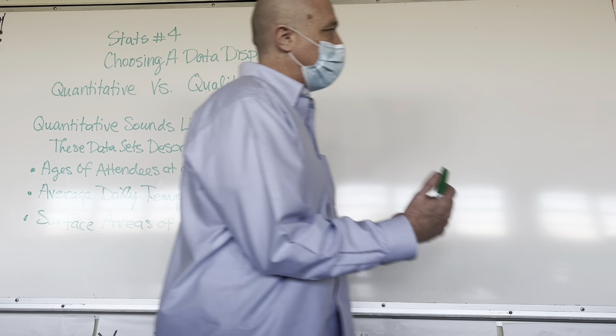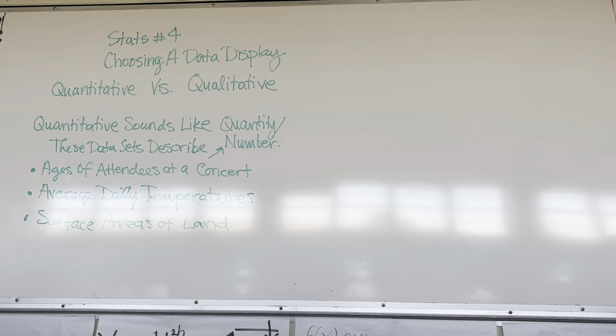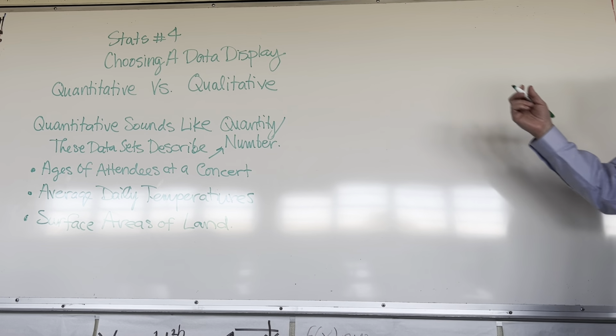Okay, so that's quantitative. Let's go to the next one. Quantitative data will get you certain answers potentially to certain questions. But there's a whole other side of data. So qualitative sounds like quality.